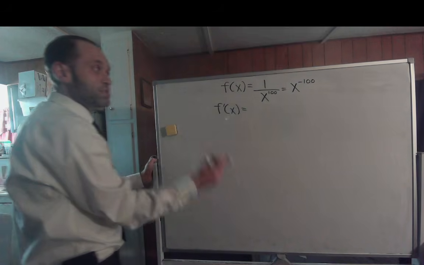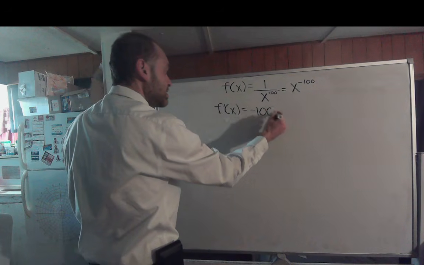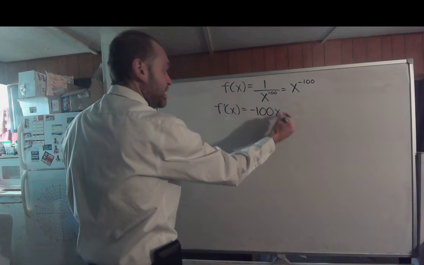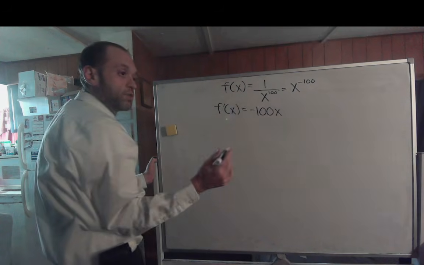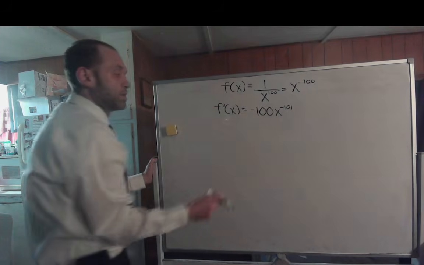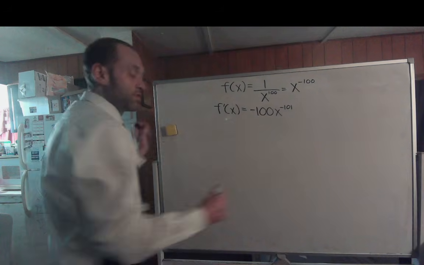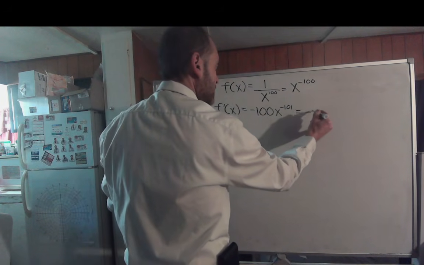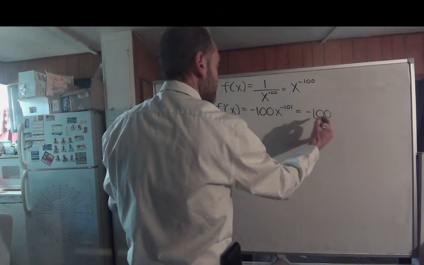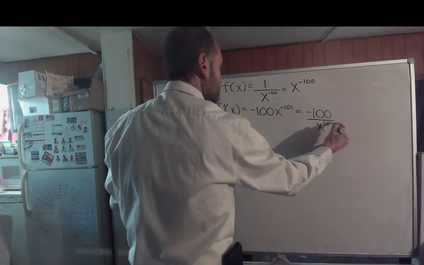Well, now to find the derivative, bring that power of -100 down front, multiply it by your x, and lower that -100 by 1 degree. This would become to the -101st power. So you get -100x to the -101st power, which should give you -100 over x to the 101st power.